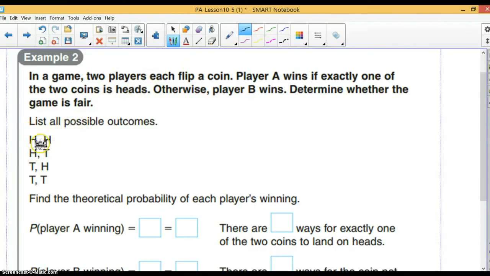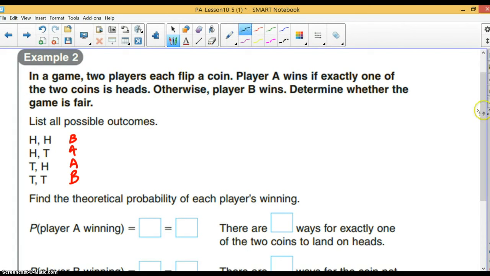So we get heads heads, heads tails, tails heads, and tails tails. Now let's write down next to them who wins, player A or player B. So with heads heads, player B wins. Heads tails, player A. Tails heads, player A. And tails tails, player B.